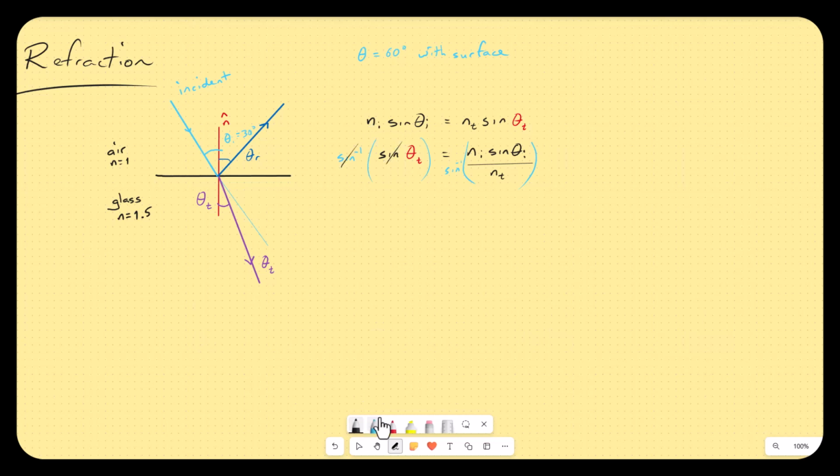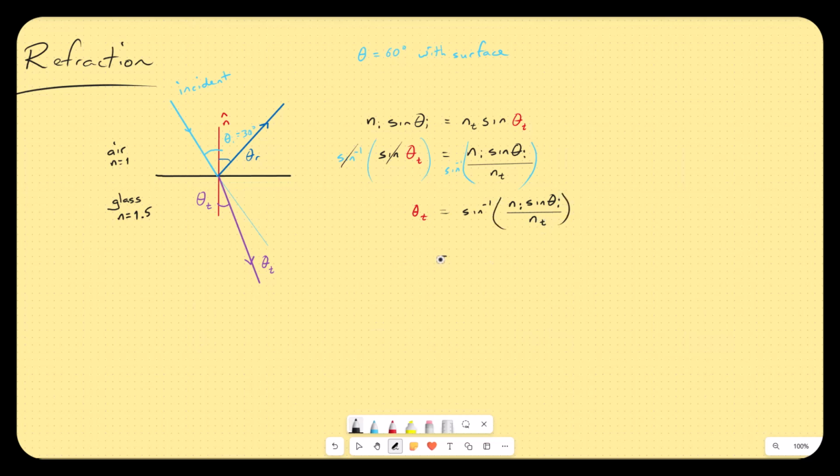Sine and inverse sine are inverse functions, so theta t equals the arc sine of, that's what this is called, the arc sine of n incident sine theta incident over n t.